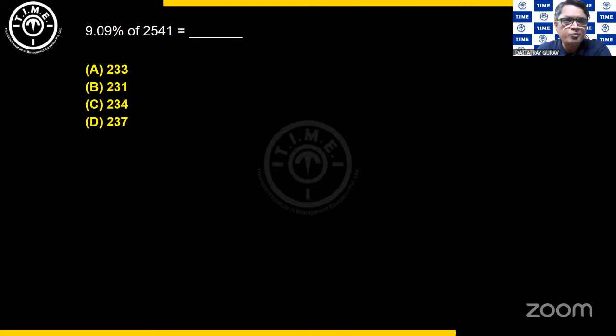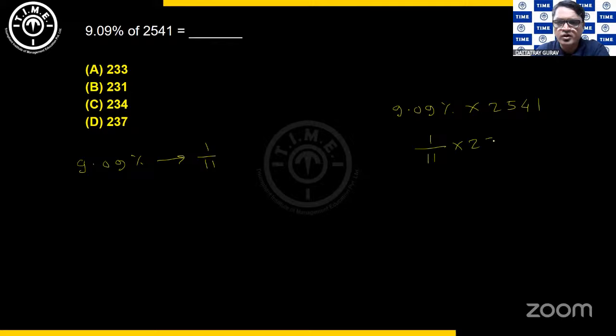The next number given is 9.09% of 2541. Again, as per the fraction table, what does 9.09% mean? It is 1 by 11. So my question becomes 9.09% into 2541, which is 1 by 11 into 2541.